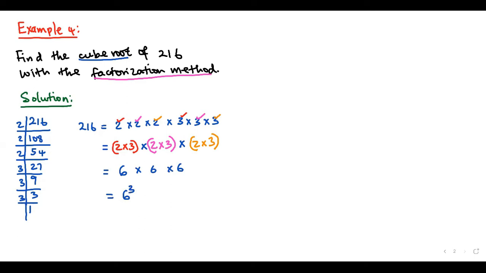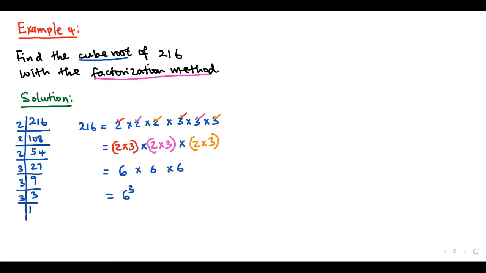Now, if you are told to find the cube root of a number, it means that you are being asked to find a number that can be multiplied by itself 3 times to get that number. For this example, we have 216.